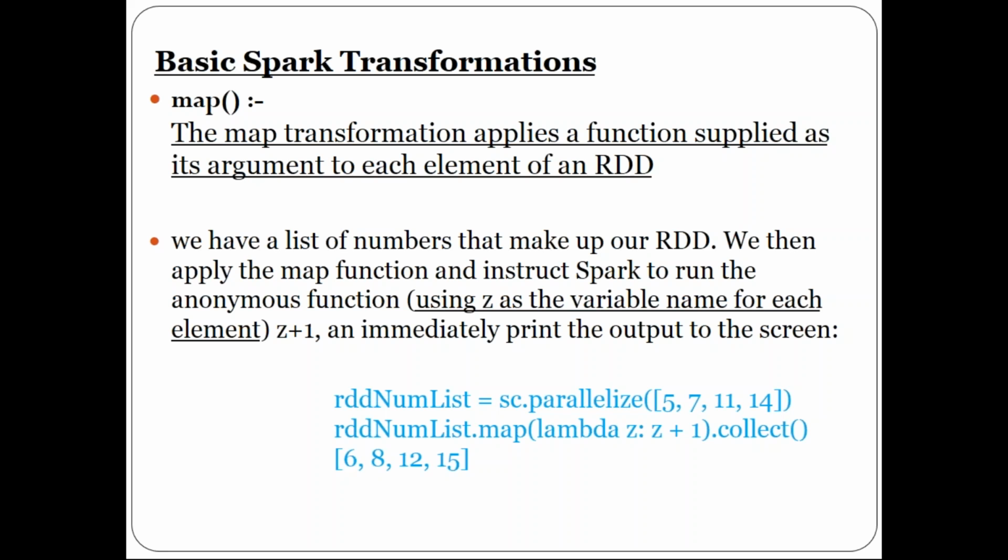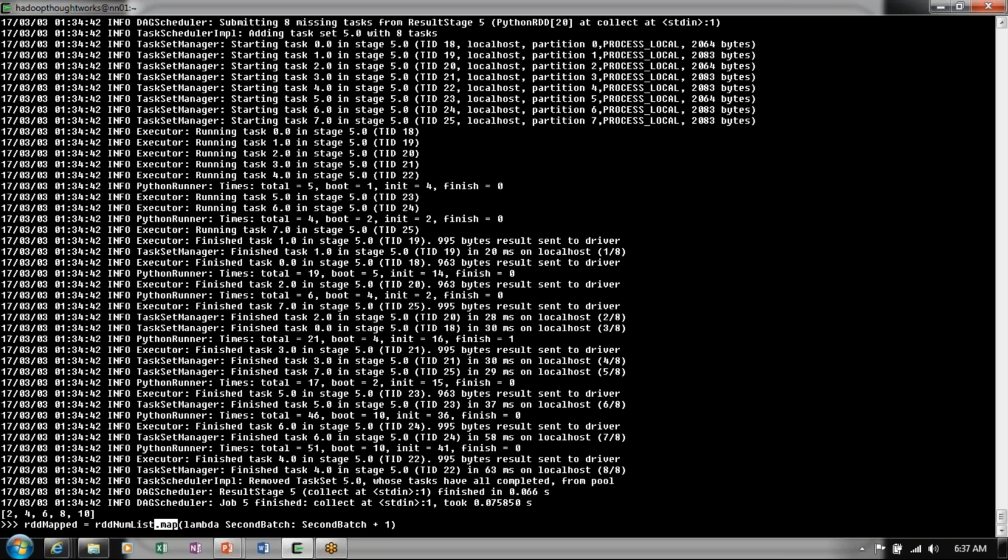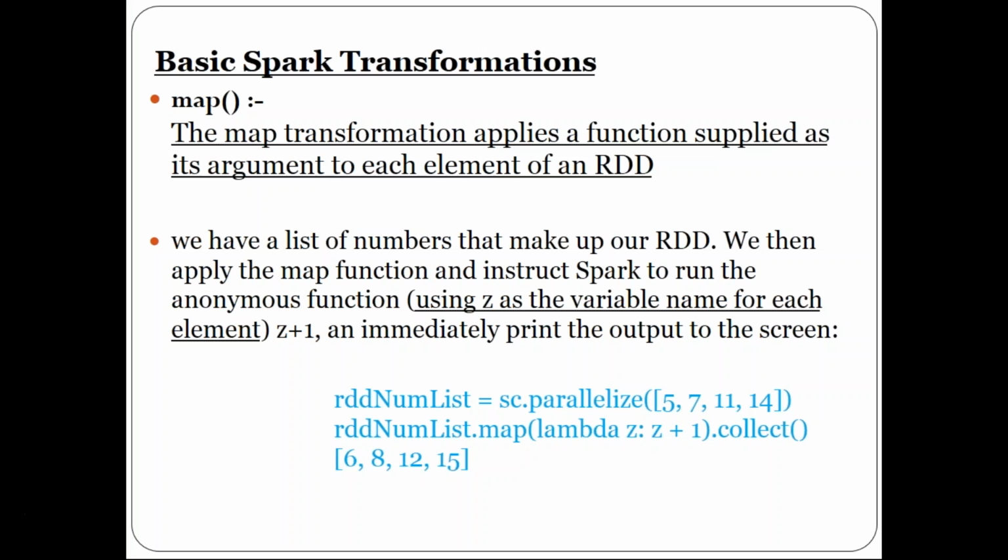Once again, focus, understand. It is nothing but a transformation. A transformation is applied as a function, and this function is supplied as an argument to each element. That is the reason why I have stressed very hard that your argument must be supplied to each element in the dataset.